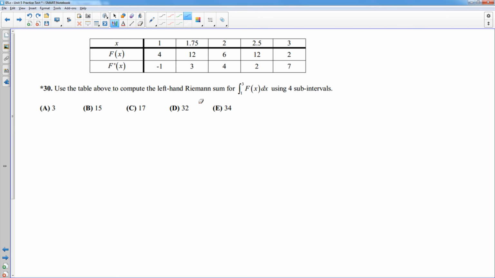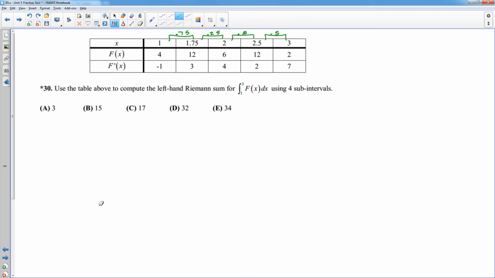Number 30. Table above, another Riemann sum. Compute the left-hand Riemann sum from 1 to 3 using 4 subintervals. So I'm going to go from 1 to 3 with 4 subintervals. Pay attention to this one because my bases are not the same. My first base is 0.75, my second base is 0.25, my third base is 0.5, and my fourth is 0.5.